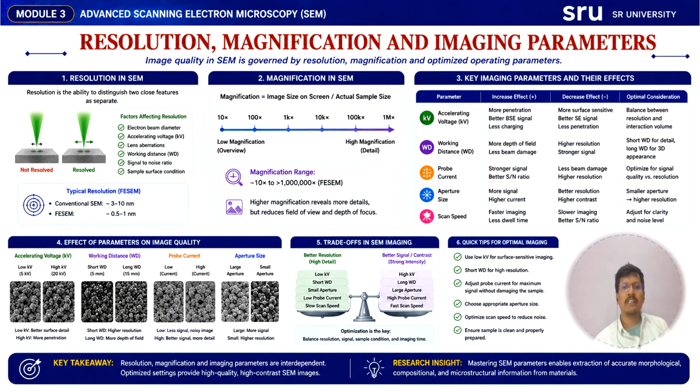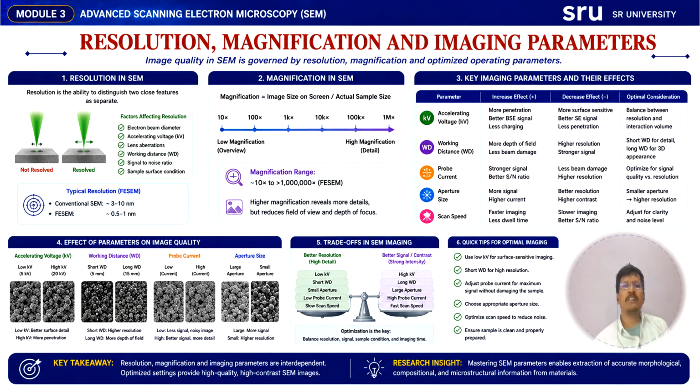Next, let us discuss the key imaging parameters. The first parameter is accelerating voltage. Higher voltage increases penetration depth and signal generation but reduces the surface sensitivity.